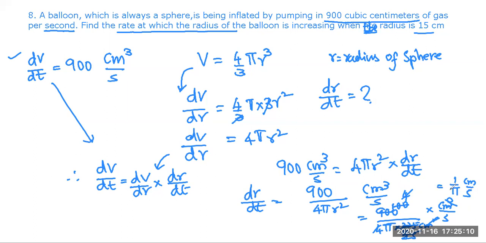Yes, sir. The next one is again on the sphere. A balloon which remains always as a sphere, and that's a question. So question number 9. A balloon which always remains spherical has a variable radius.